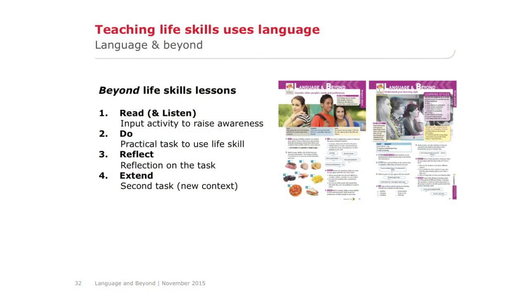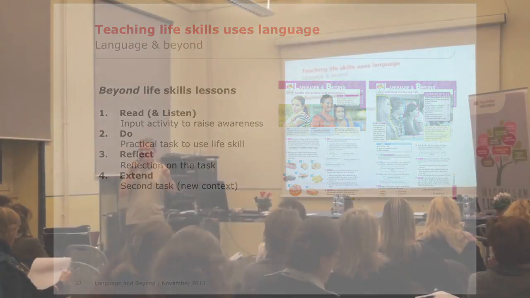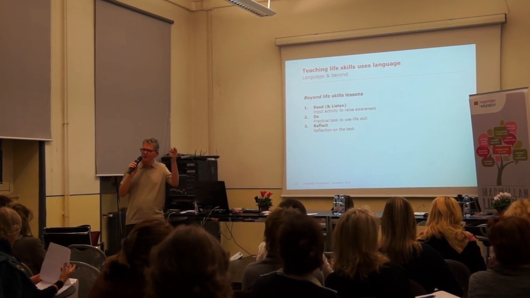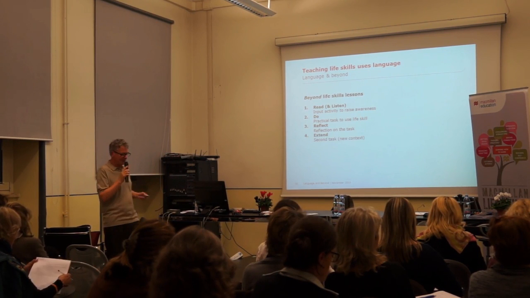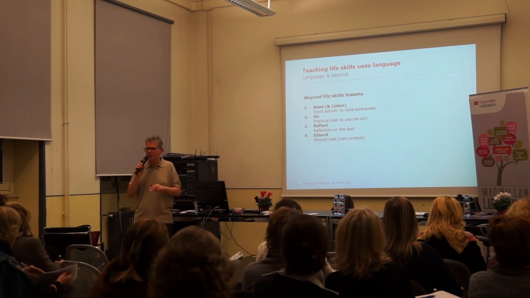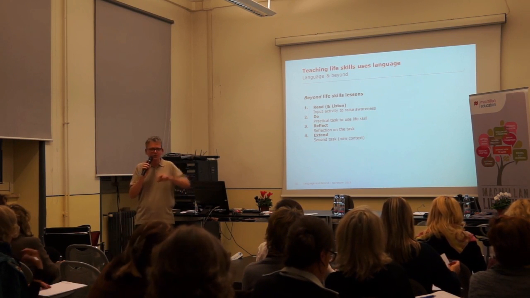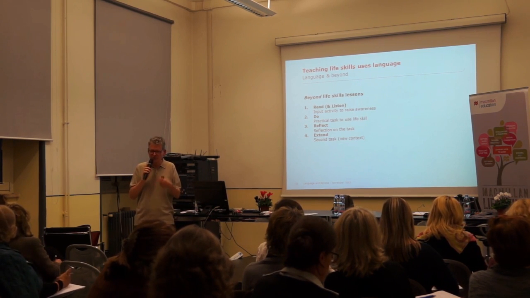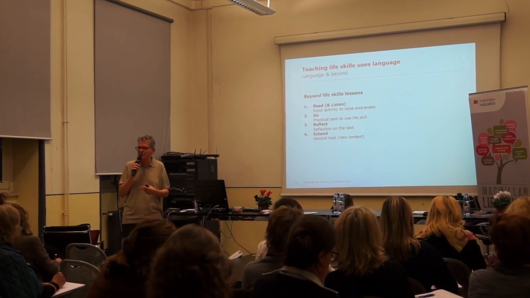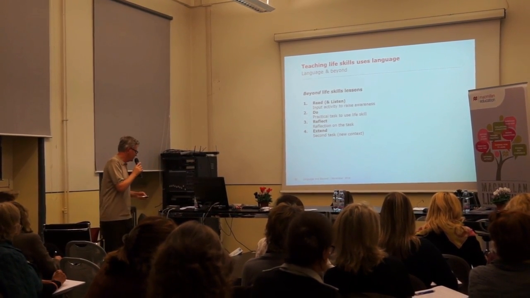And then an important moment when they would reflect, and as a whole class, they would answer specific questions about what they think about what they've done. And then they would transfer that life skill to a different situation, so they can see how a skill they've learnt for one situation can be applied to other situations.